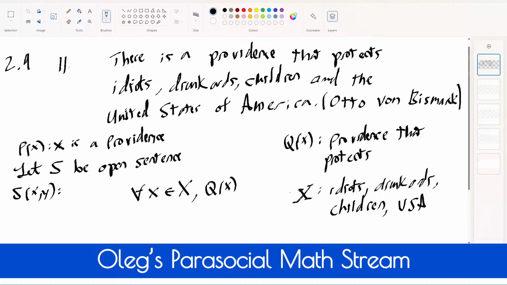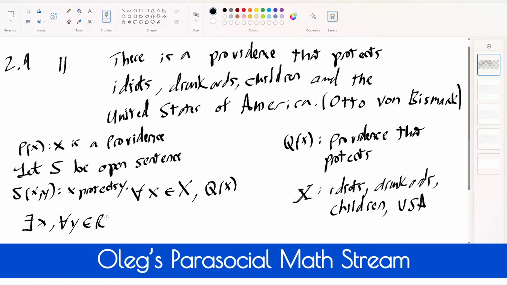S of X, Y such that X protects Y. We're going to say exists X, which is a province, for all Y, and X protects Y. So then we're going to say Y containing Y are a member of the R.